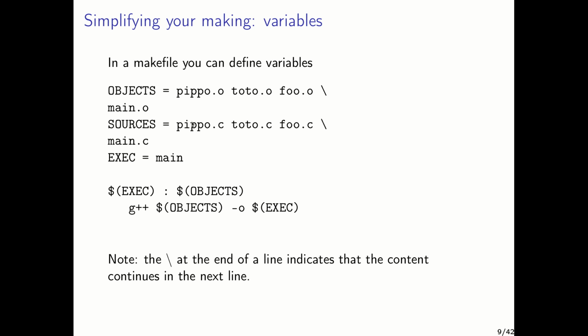Sources is again another variable that contains all this list of names. Exec just contains main. And then I can use the variable. To recall the value contained in the variable, that is these strings, you have to use this strange syntax: dollar, parenthesis, the name of the variable. So this translates into main, objects in this list, and here exec is again main, and objects is this list.